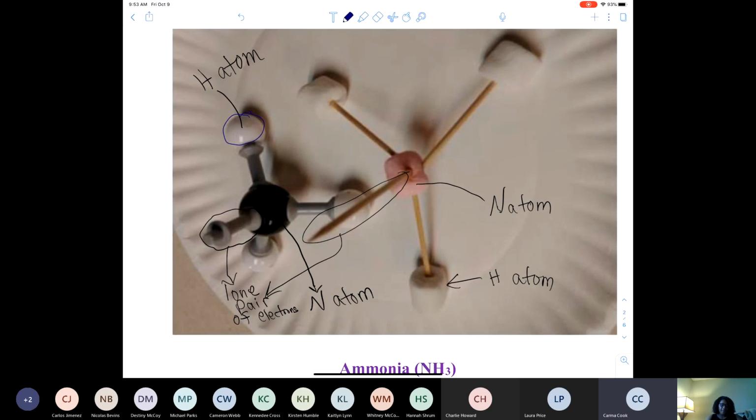There are 3 of them. The black sphere represents the nitrogen atom. And notice here is a stick, but there's no atom attached to that stick. That stick with no sphere or atom connected represents our lone pair of electrons that sits on the nitrogen atom.